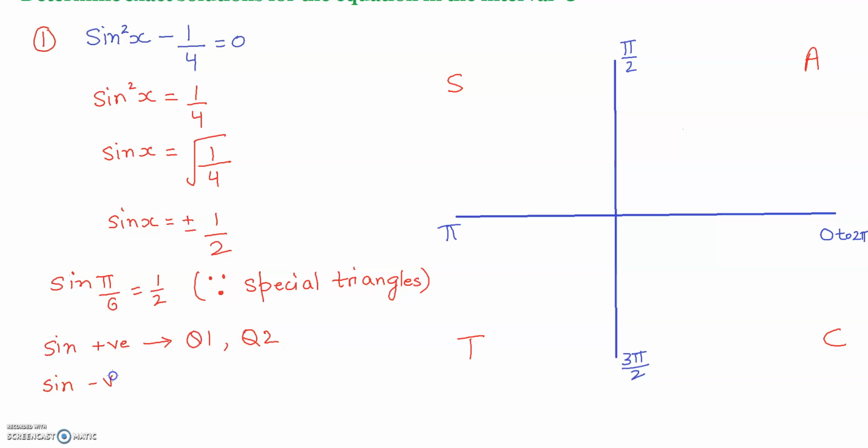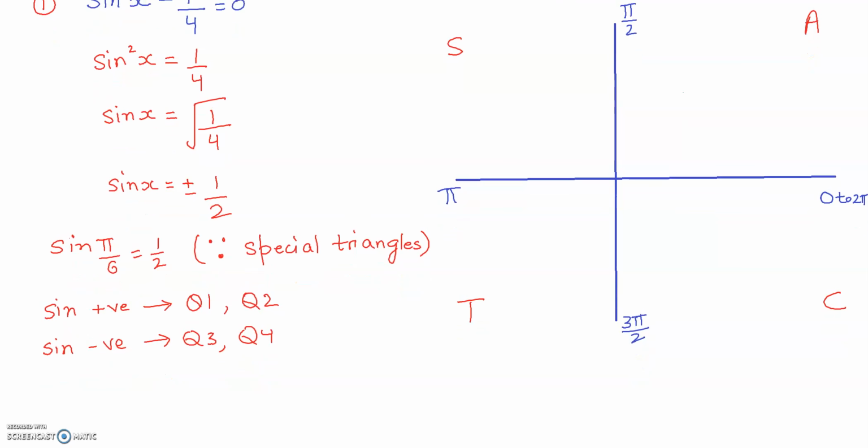Sine is negative in quadrant 3 and quadrant 4. So in quadrant 1 and 2, I will place the positive value, and in quadrant 3 and 4, I will put the negative value. As you can see, we have here positive and negative 1 over 2. So let's just do that.